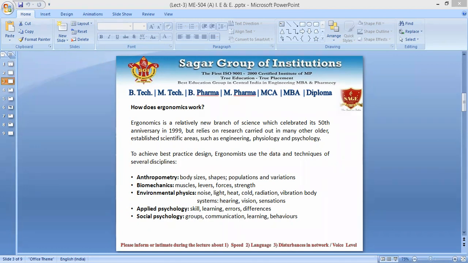So these are the environmental factors we need to handle.